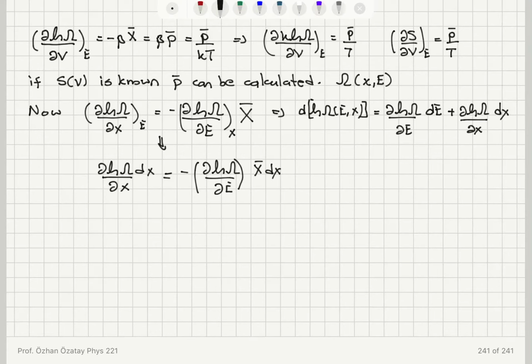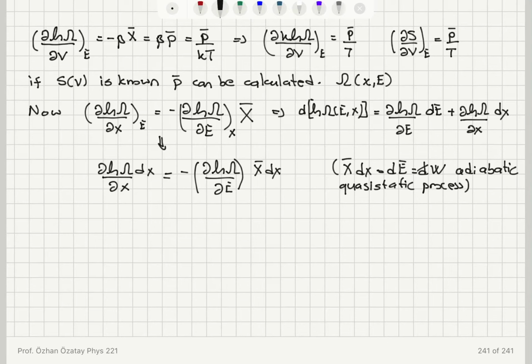which is dE bar. So X bar dx, dE bar, is the work done on the system, and this is for an adiabatic, quasi-static process, so that the Q contribution is 0 from the first law of thermodynamics.